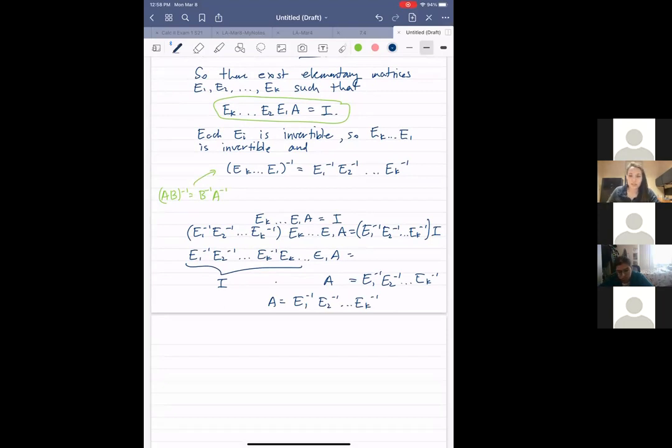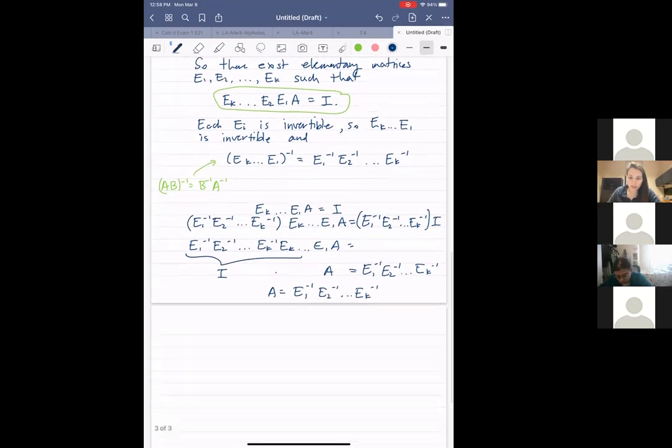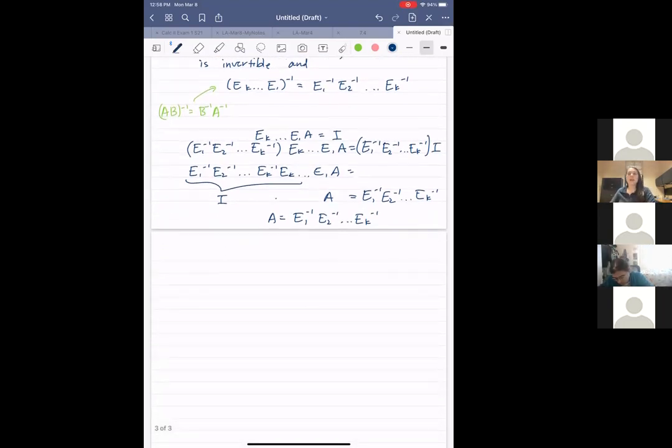Okay, so the reason this is important, why does this matter? It's because now we've got A written as a product of invertible matrices. So A is equal to this product, which means that A must be invertible. We know this product is invertible and A is equal to it.